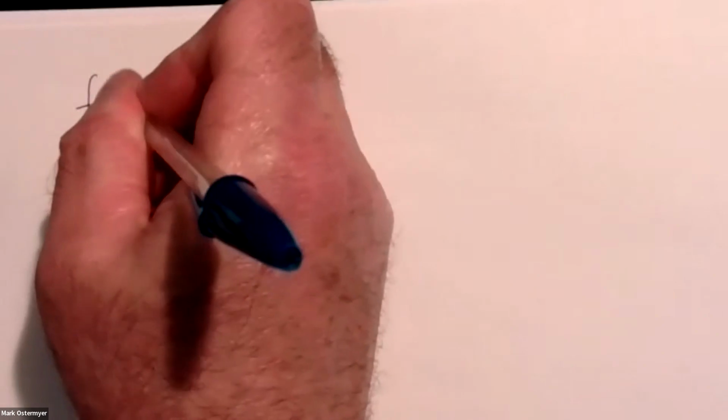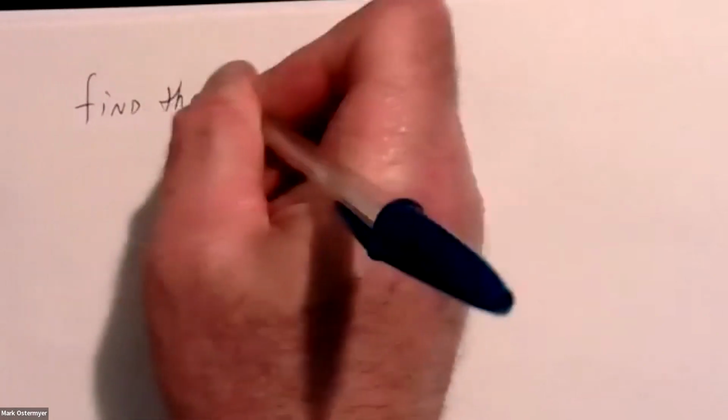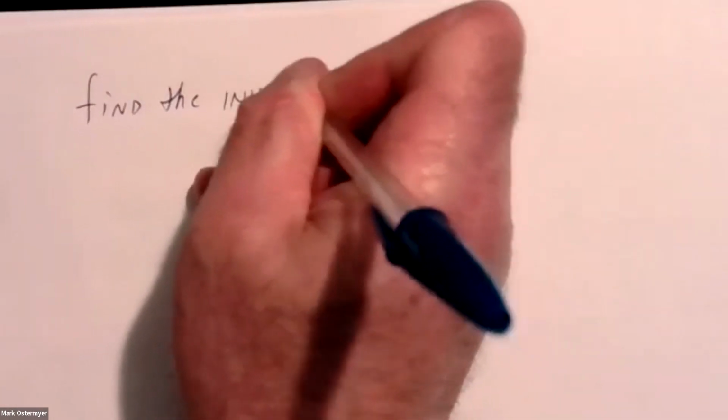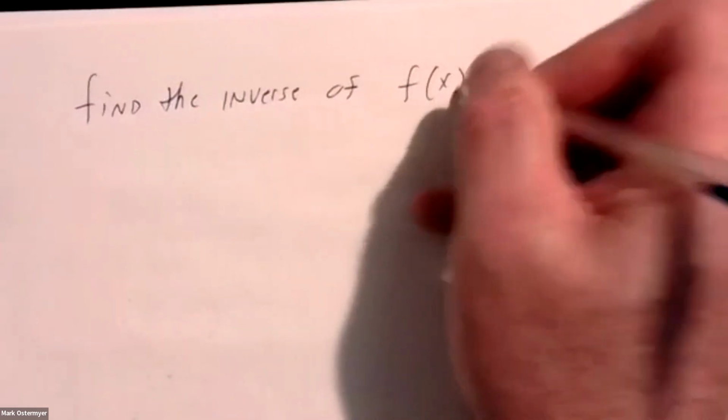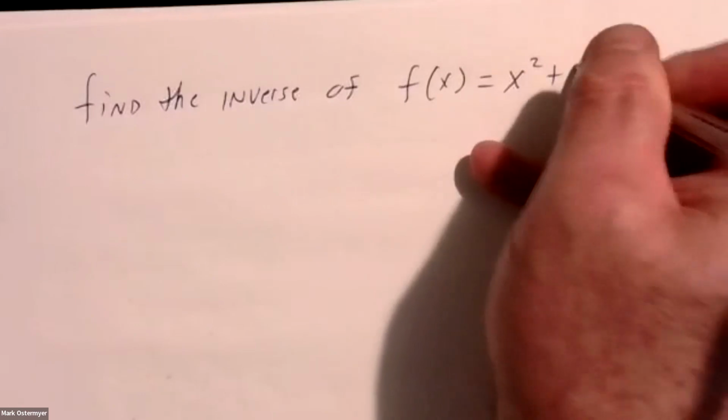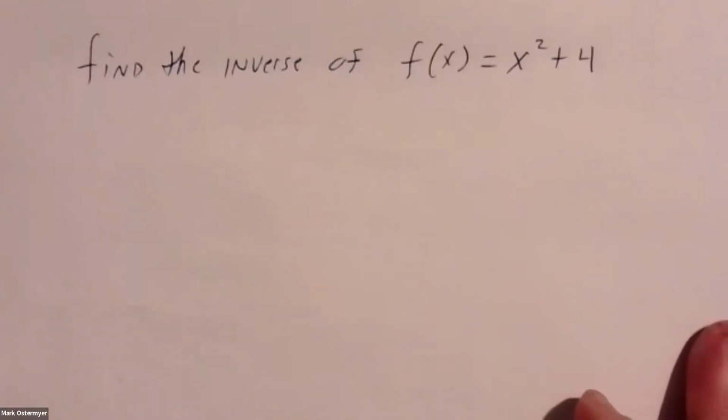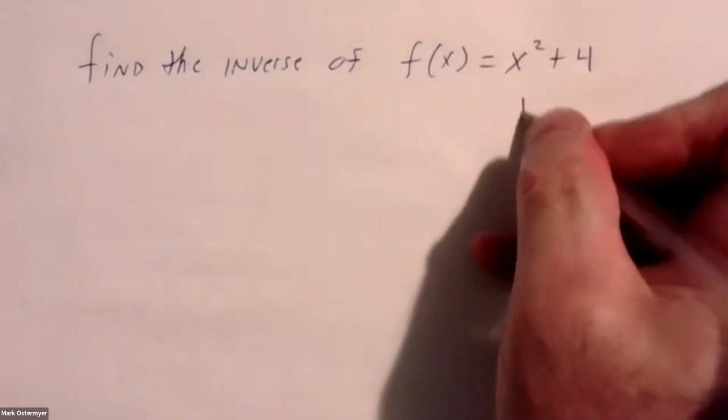Suppose I want to find the inverse of f of x equals x squared plus 4. I'll tell you what, let's graph this quickly.